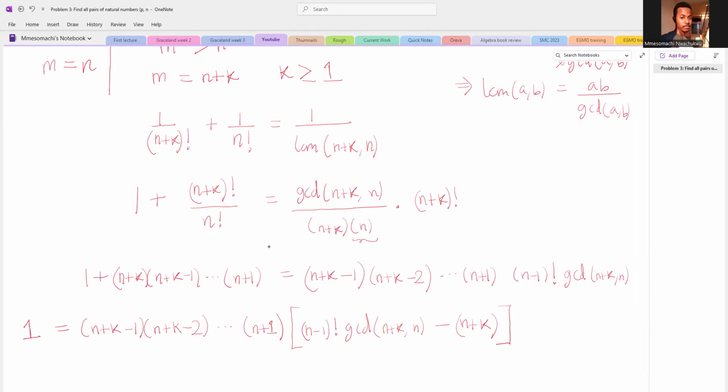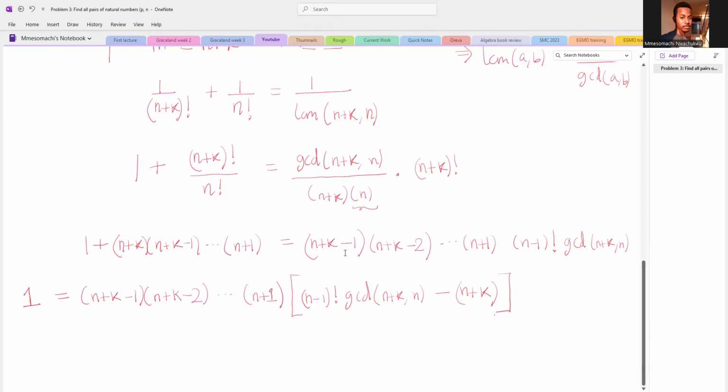So there's no way this is going to be possible, because basically the only way this can be possible is if k is equal to 1. So let's look at it this way. If k is greater than or equal to 2, let's try and get some contradiction.